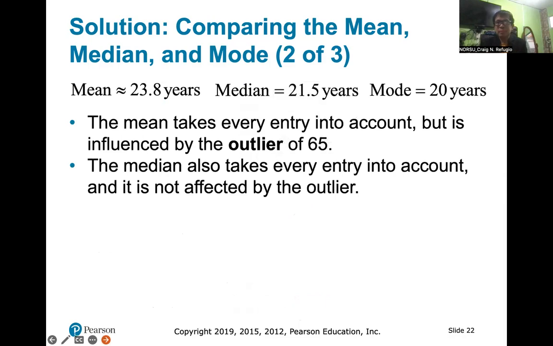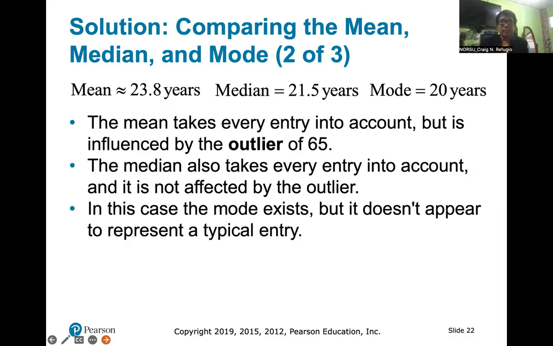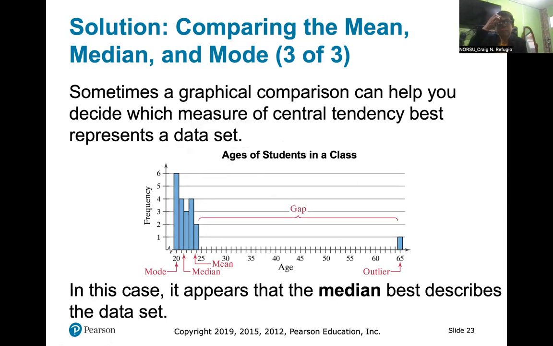And then the median also takes every entry into account and is not affected by the outlier. In this case, the mode exists, but it does not appear to represent a typical entry. So comparing the mean, median, and mode, sometimes we look at that in a graphical perspective. So we graph the data, age of students in a class.